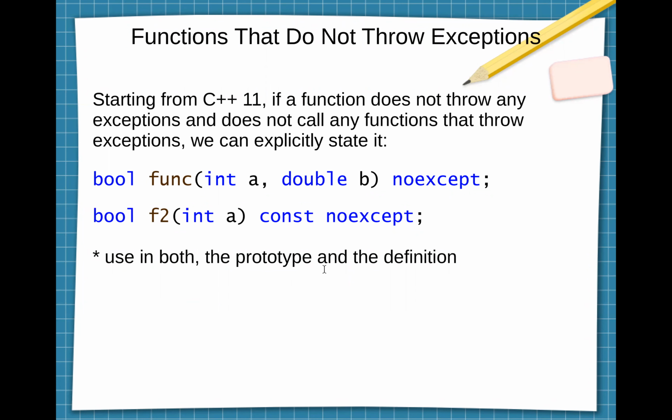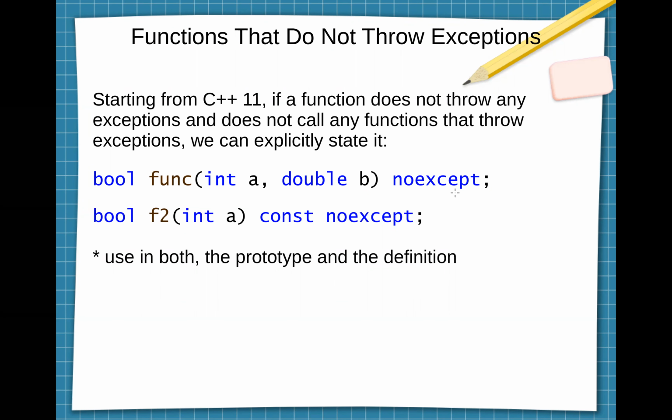So starting from C++ standard 11, we might opt for the case when we really do not want to throw any exceptions, and we want to enforce it. So what we could add in this case is the keyword noexcept, right? It tells us that the function doesn't call any functions that might throw exceptions, and it doesn't throw any itself. So in this case, we are enforcing it.